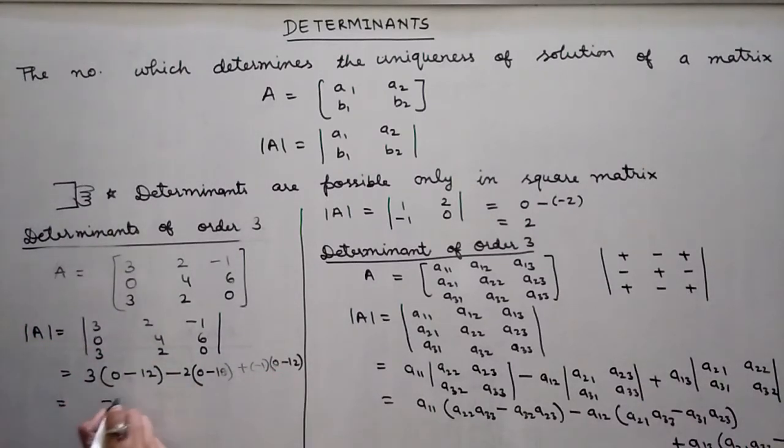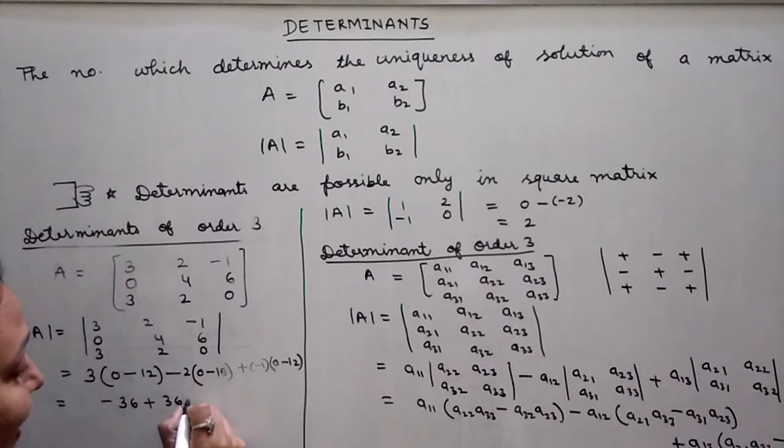Here we have minus 36 plus 36, or plus 12. This 36 and 36 will cancel, we get 12. This gives the unique value of this matrix.